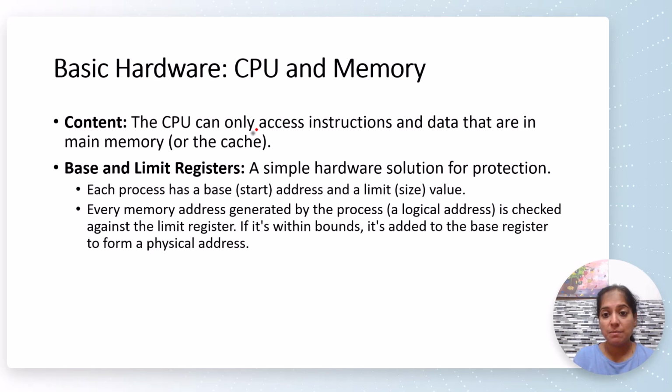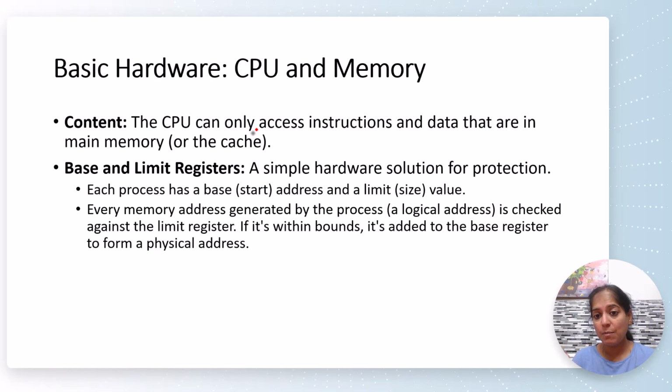Each process in memory has a base address, which is also called the start address, and a limit, which is the size, that is, from which address it begins and what is its size in memory. So every memory address generated by the process, which is the logical address, is checked against its limit register.